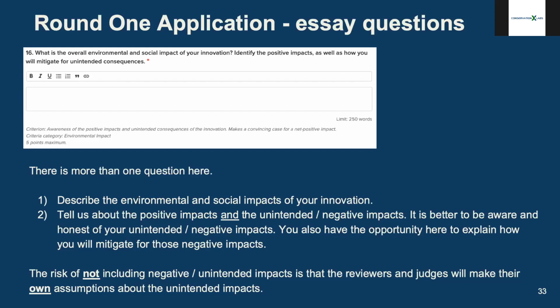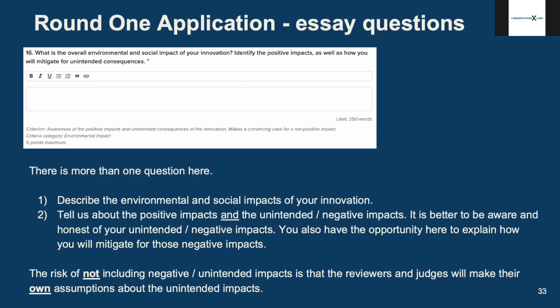The second part here is to tell us about the positive impacts, but also the unintended negative impacts. It's better to admit and be aware and honest of any unintended or negative impacts, or anticipated unintended impacts, because here you also have the opportunity to explain how you will mitigate for those.